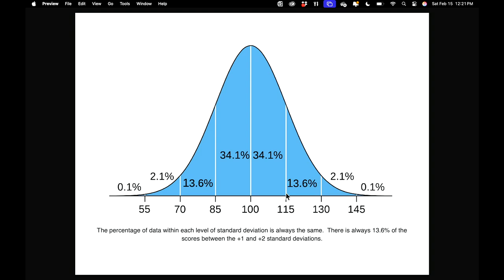I'll add it here, there's a 68.2% chance that your sample mean is going to fall between plus or minus 1 standard deviation. There is an incredibly unlikely chance that your sample mean is going to fall more than 3 standard deviations above or below the mean. In fact, you'll see the 0.1% chance. Very, very, very unlikely. This is so vital. You're going to see this being so vital.